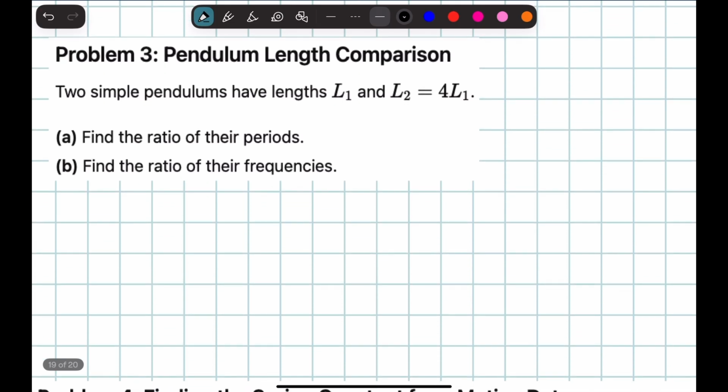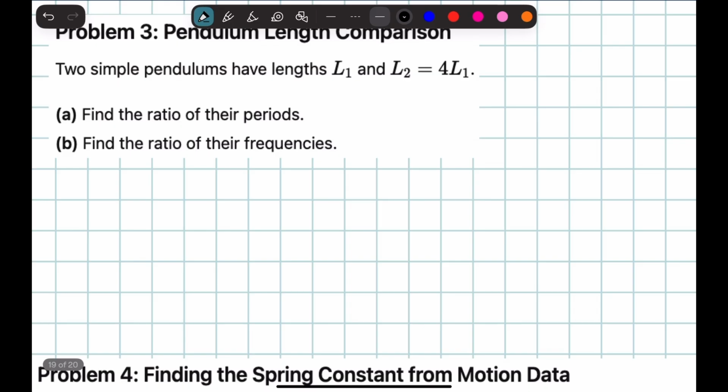Two simple pendulums have lengths L1 and L2 equal to 4L1. Find the ratio of their periods. T is equal to 2 pi times the root of L over g for the period of a pendulum.